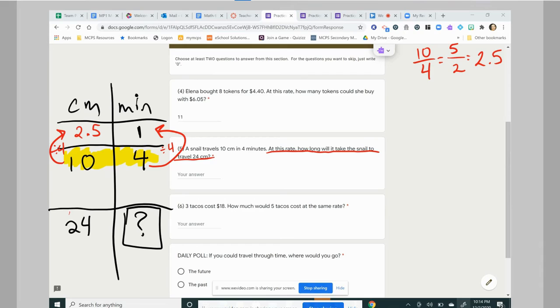So I could do 2.5 times 10. 2.5 times 10 is 25, right? And 1 times 10 is 10. So the answer is going to be less than 10.